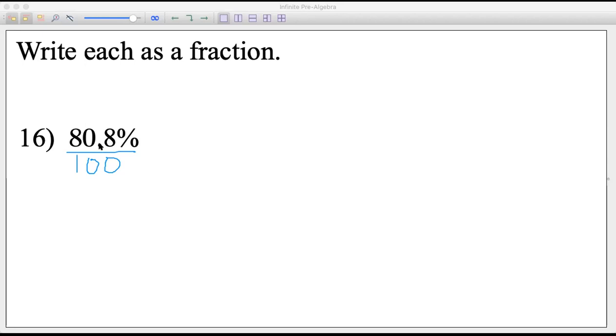If we move the top one decimal place to the right, we move the bottom one too. In other words, all you're doing is adding zeros on the bottom. So 80.8% turns into 808 over 1,000, reduce.